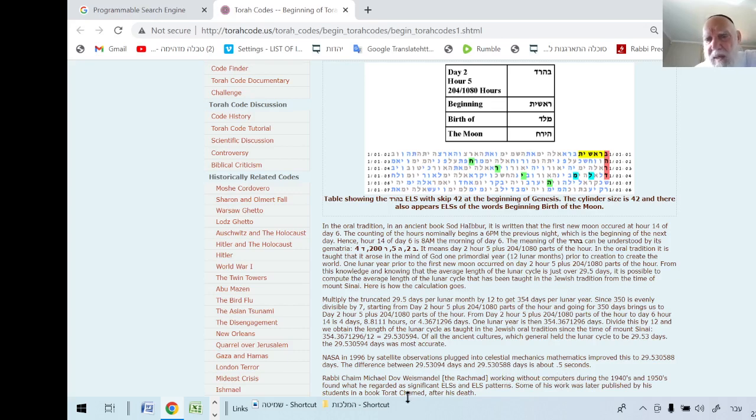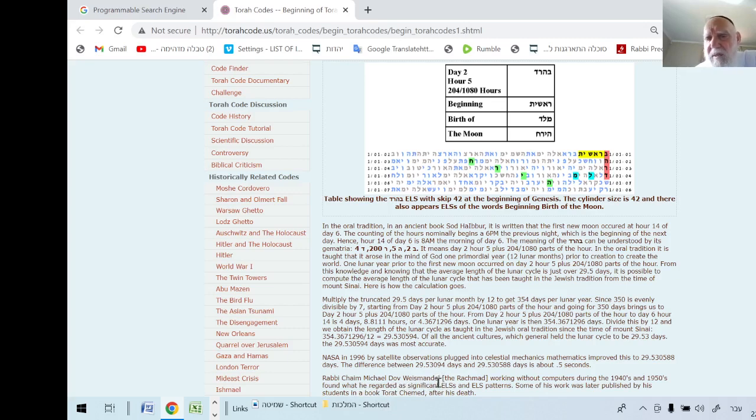So clearly, every month in synagogue, before Rosh Chodesh, the beginning of the new month, they announce the birth of the moon this month will be at such and such a time, based on these calculations that the Jews have known for many years. Rabbi Chaim Michael Dov Weismandal saw this in Rabbeinu Bechai.